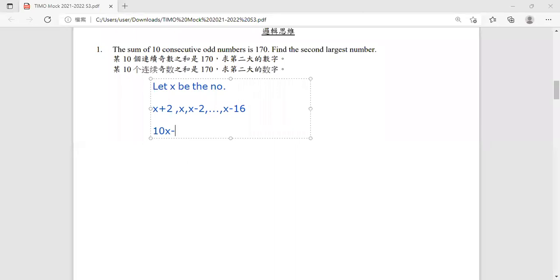Okay, 10x minus 4, minus 6, minus 8, minus 10, and so on, up to 60, equal to 170. Okay, you got this one. And 10x equal to what? X equal to what?